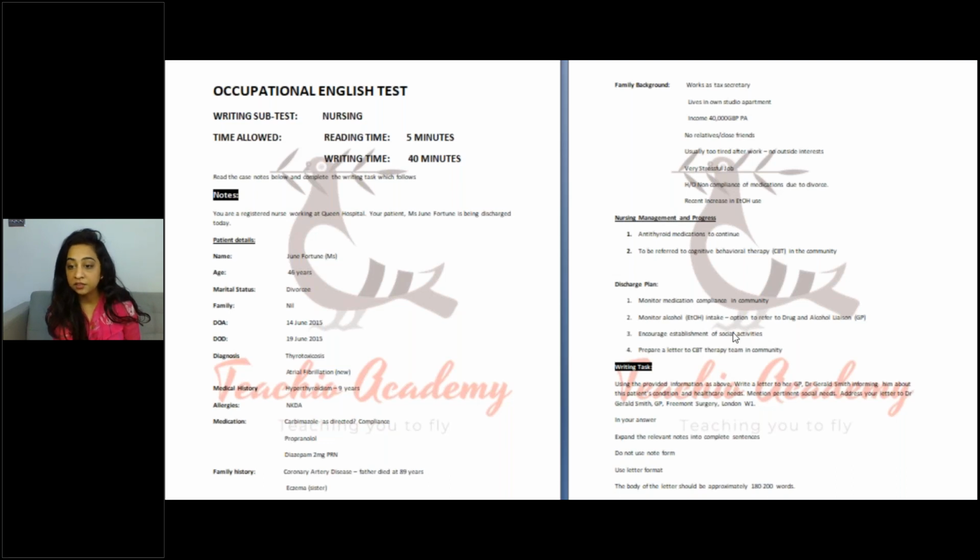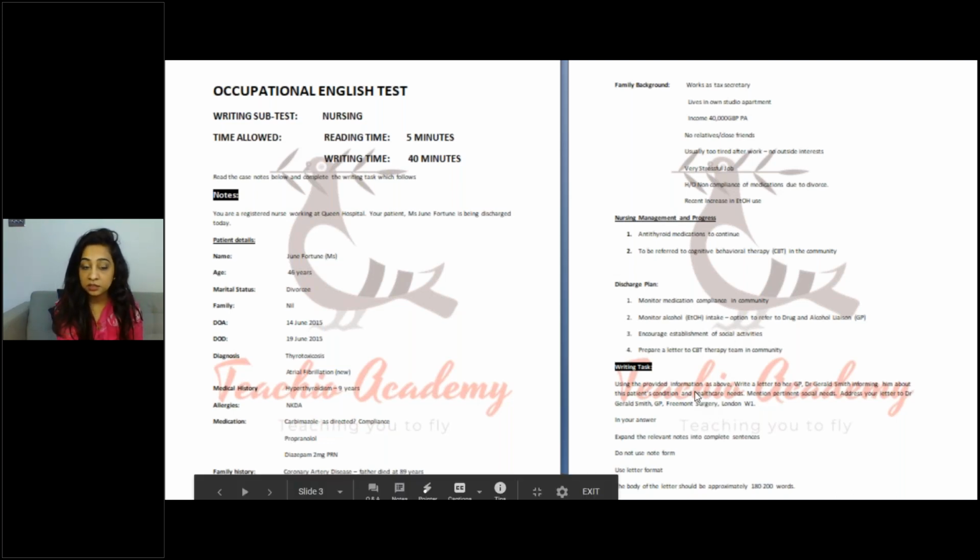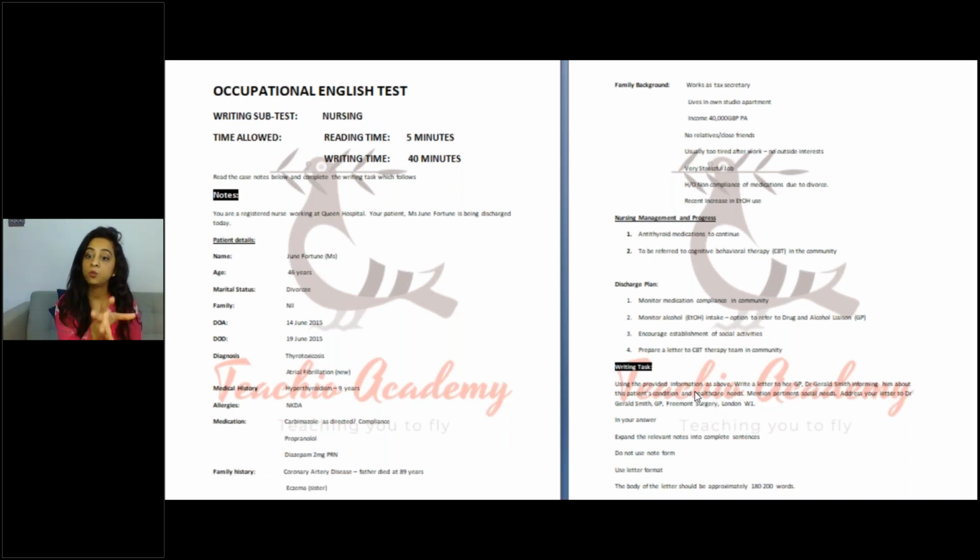So Benita, if the letters are too small, you might want to open this on a laptop, but don't worry, I'll read out the letter and we'll go through these things again. So the writing task is that this patient has been admitted to your hospital. You're a registered nurse working in a hospital.